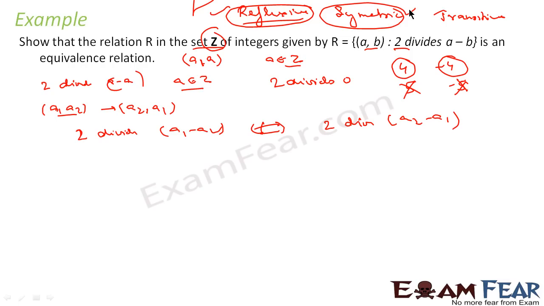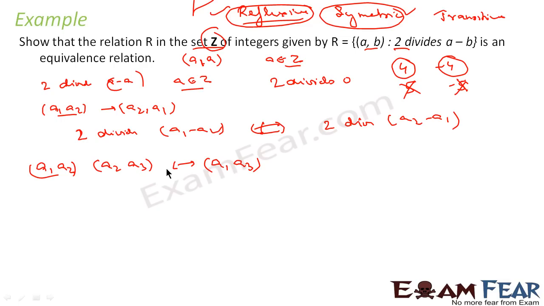Now the third is transitive. For a relation to be transitive, I told you that if (a1, a2) exists and (a2, a3) exists, that implies (a1, a3) should also exist.